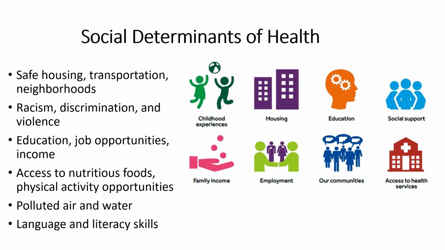And based on a lot of research, we know that social determinants of health, also called SDOH, have a major impact on people's health, well-being, and quality of life. The U.S. Department of Health and Human Services defines social determinants of health as the conditions in the environment where people are born, live, learn, work, play, worship, and age that affect a wide range of health, functioning, and quality of life outcomes and risks.